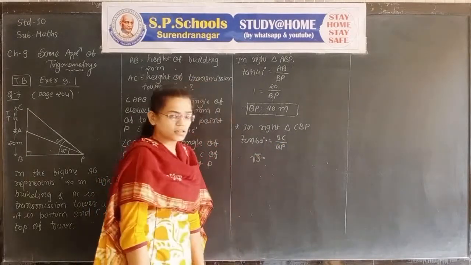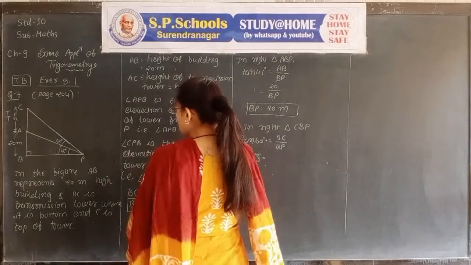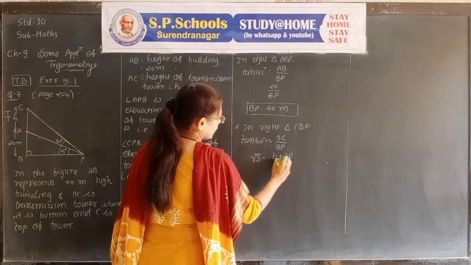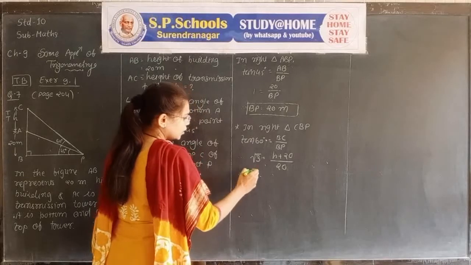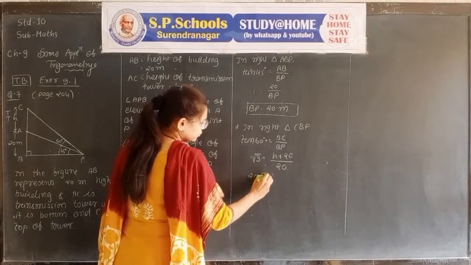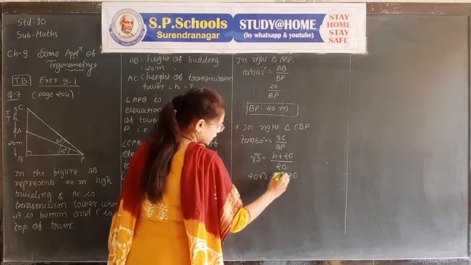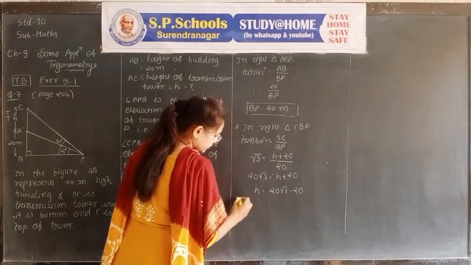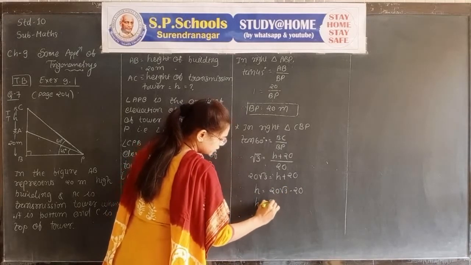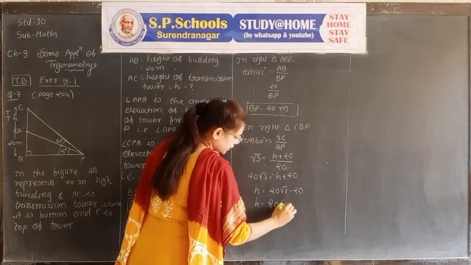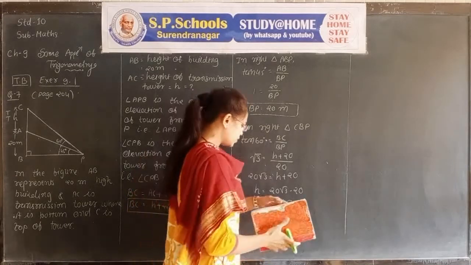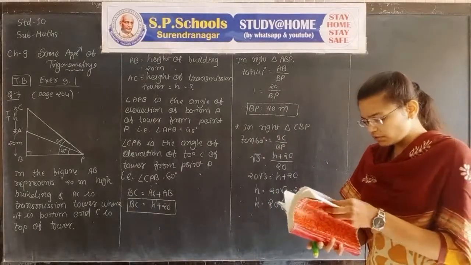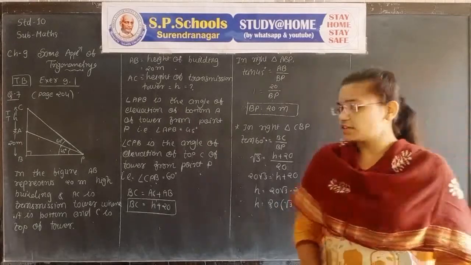The value of tan 60 is obtained from the table, where BC is equal to H plus 20 and BP is equal to 20. 20 multiplied with root 3, 20 root 3 is equal to H plus 20. Make H the subject: 20 root 3 minus 20. Now take 20 as common. H is equal to 20 into bracket root 3 minus 1. Here 20 into bracket root 3 minus 1 is the height of the transmission tower. Unit is meter.